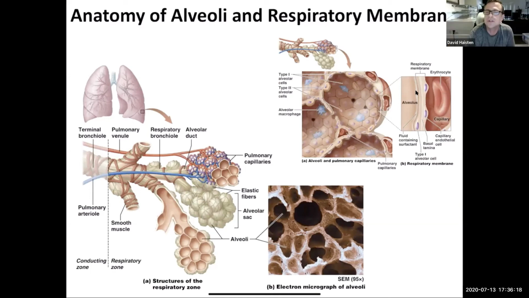What he was explaining was that type 2 has more to do with the surfactant levels, and type 1 has more to do with the alveoli, the diffusion. Okay. This makes a lot more sense now that I've learned this. Cool.